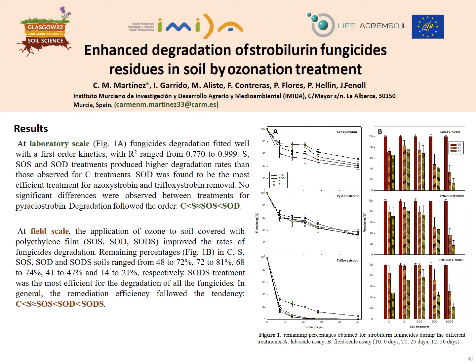The comparison of the 3 ozonation treatments shows that SODS is the most efficient for the degradation of all the fungicides. Thus, the residues found in SODS soils after 50 days of remediation treatment were below 0.2 ppm, whereas 0.5 ppm were recovered from the control soil.